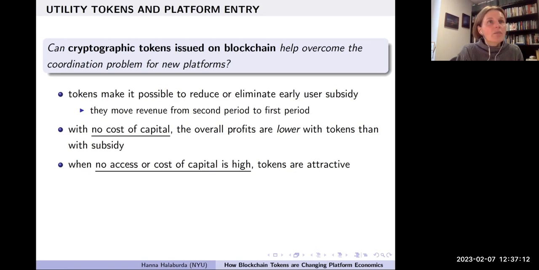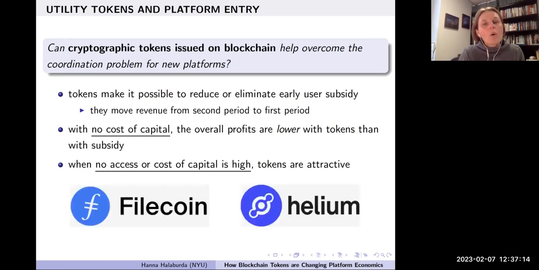And that may explain why the platforms that are actually using freely tradable tokens successfully are platforms that use very novel technologies, or peer-to-peer systems that would be difficult to get initial funding for.